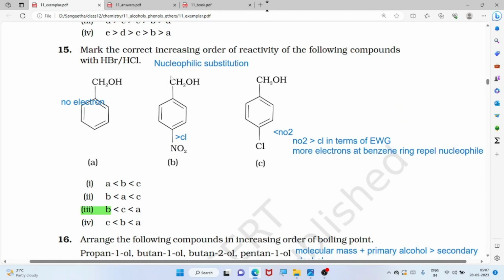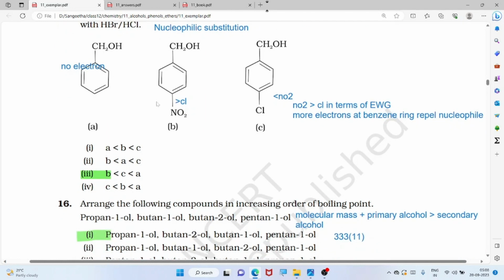Mark the increasing order of the reactivity with nucleophilic substitution. So here there will be more electron density in the benzene ring. NO2 is an electron withdrawing group, that is stronger than the chlorine. Chlorine is less than the NO2.